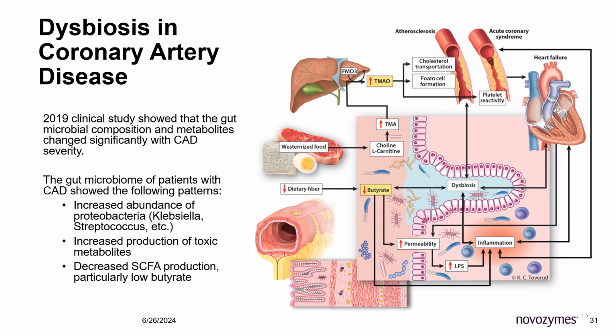The gut microbiome of patients with coronary artery disease also showed an increase in production of toxic metabolites like hydrogen sulfide gas and histamine, and also a decrease in short-chain fatty acid production, particularly a reduction in butyrate. A reduction in butyrate production in the colon can lead to increased gut permeability, which increases LPS translocation into circulation and an increase in inflammation.